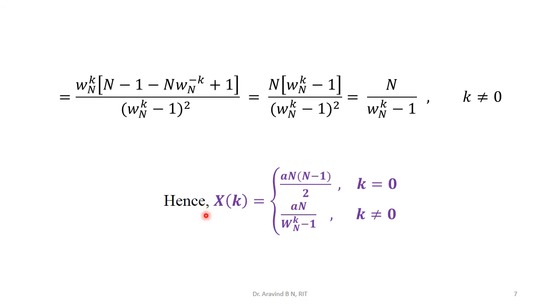Now making the final representation, we are going to have x of k equal to a to the power of an into n minus 1 divided by 2 for k equal to 0, then an divided by omega n to the power of k minus 1 for k not equal to 0. So this is the final solution representation we are going to have.